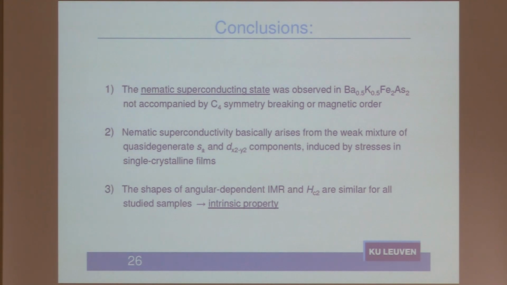When you say it is not accompanied by C4 symmetry breaking, was it checked with X-ray scattering? Yes, that is why this group of experimental people did transmission electron micrographs. But with X-ray scattering you are very sensitive to breaking of C4 symmetry. They don't see a difference between A and B. In this kind of experiment they don't see it.